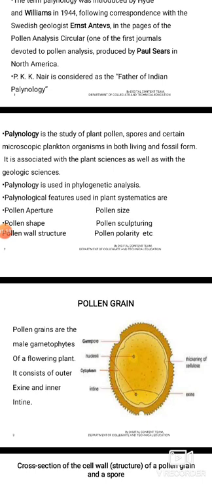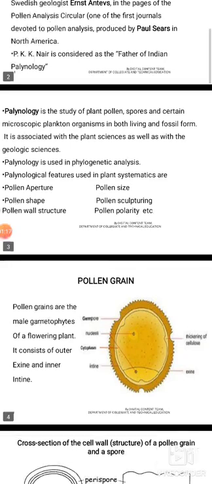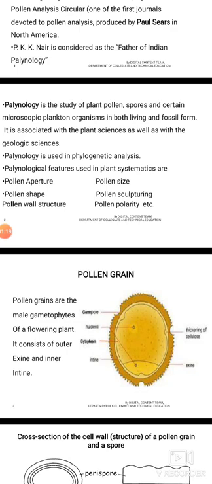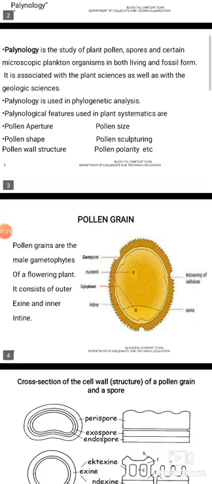Palynological features used in plant systematics are pollen aperture, pollen shape, pollen wall structure, pollen size, pollen sculpturing, pollen polarity, etc. So, what is a pollen grain?